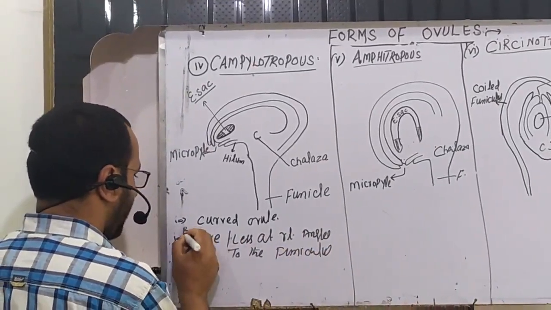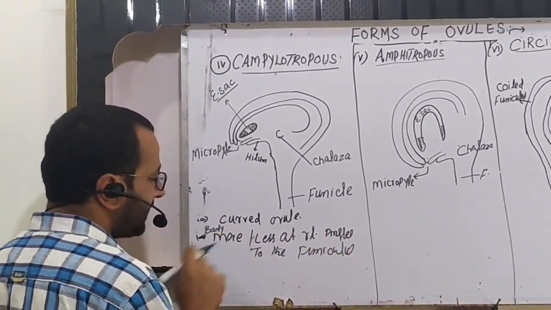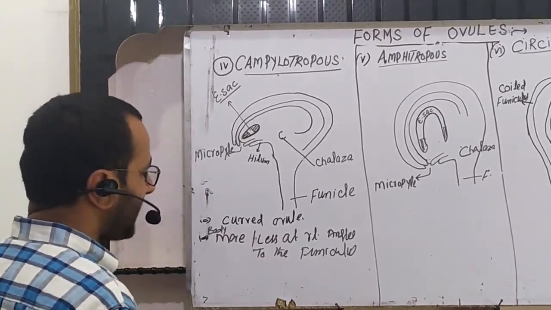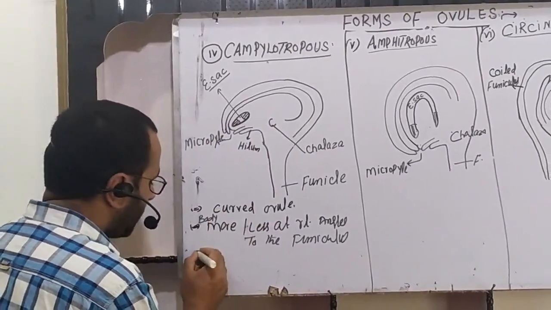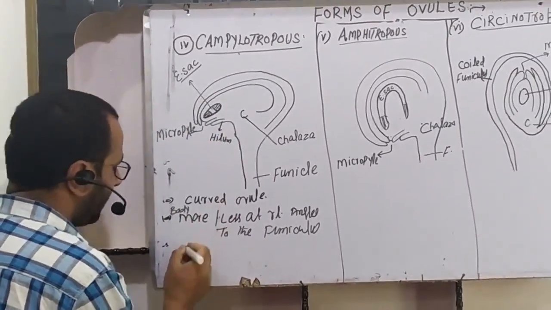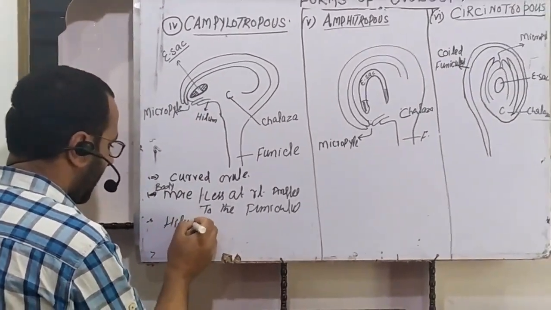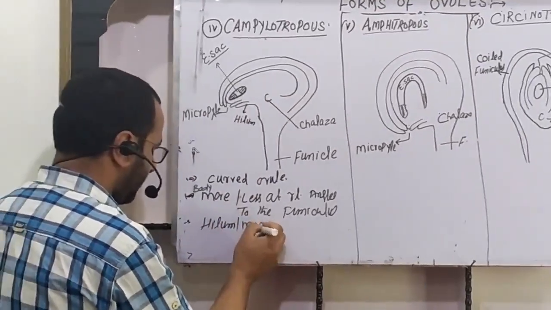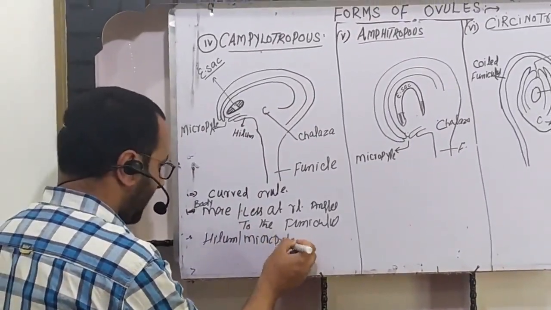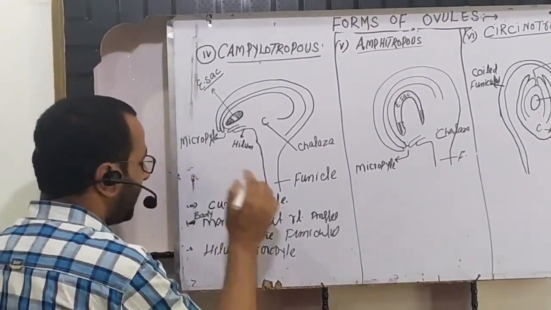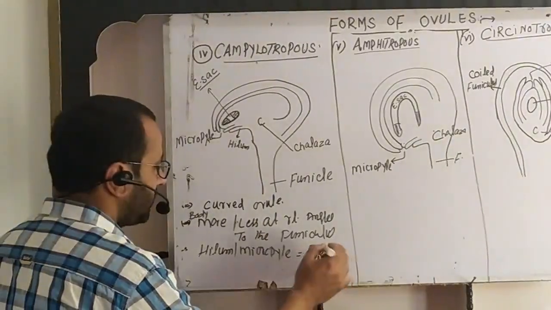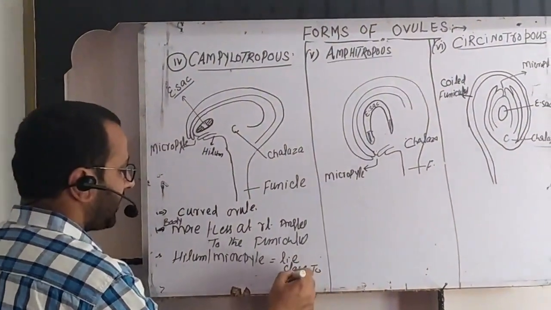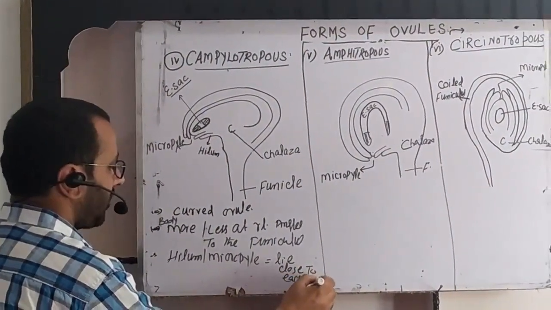Actually, body. Body of the ovule is curved more or less at right angles to the funiculus, so that hilum and micropyle lie close to each other.